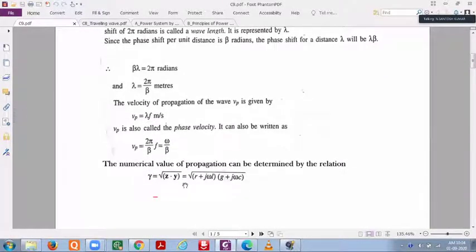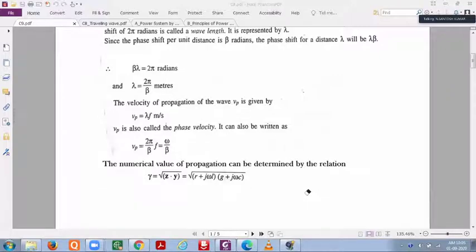Next is the numerical value of propagation. Already you know this one, right? Gamma equal to under root zy. What is y, you know, right? If you substitute that directly, you can get your gamma. Just to have an idea, I've written that formula. Is it clear? This is the propagation constant, and to know its value we are supposed to know your resistance, inductance, capacitance, and conductance.